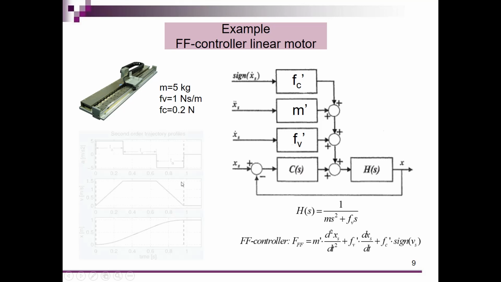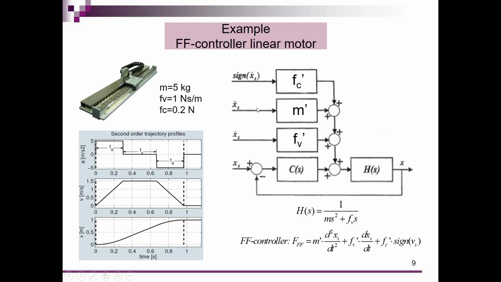And remember, when we have a second order differential equation, what we call a second order motion system, so we have a second order feed forward over here, we need at least a second order set point. And a second order set point means that the double derivative of my position should have a constant value, so no infinite values over here.